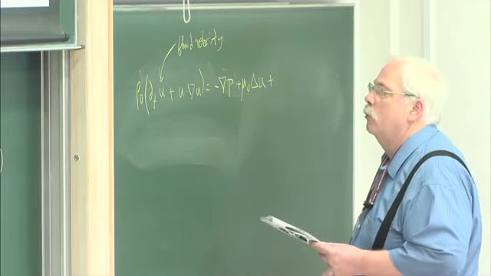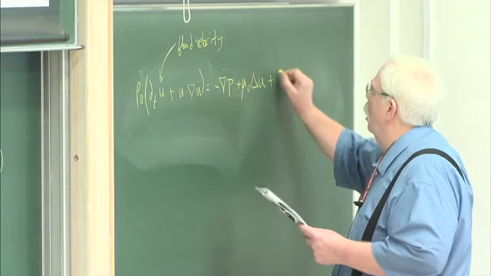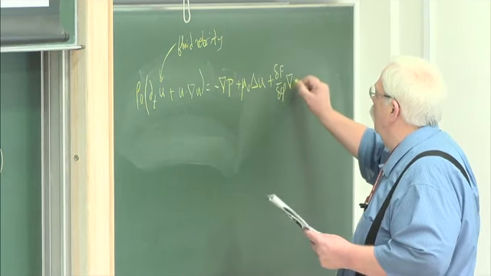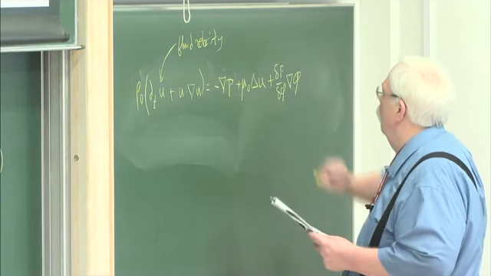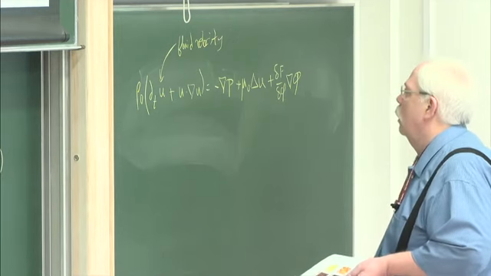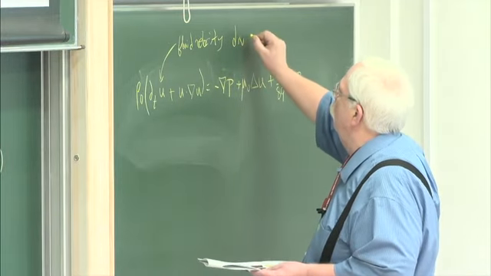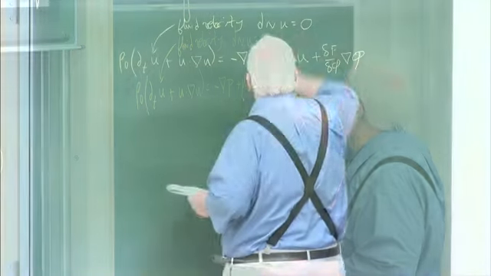And here's the coupling term, delta F delta phi grad phi, and the divergence of u equals 0.